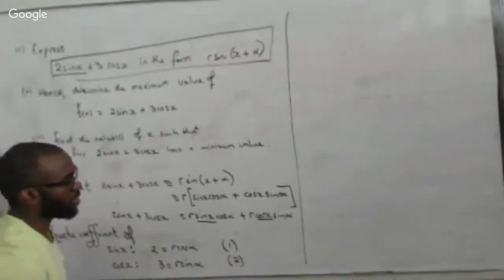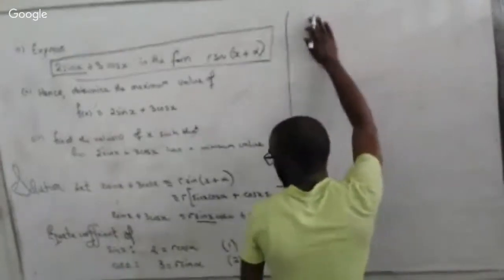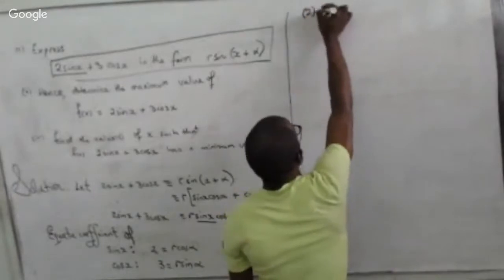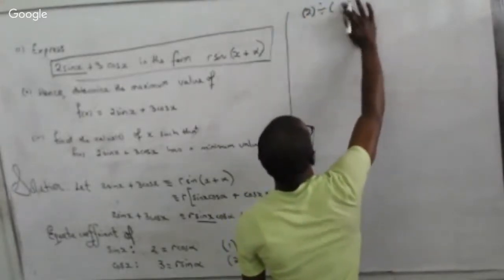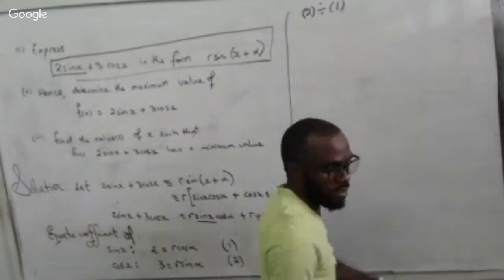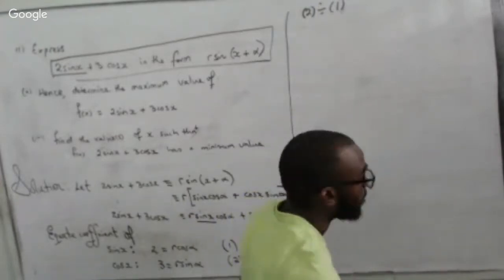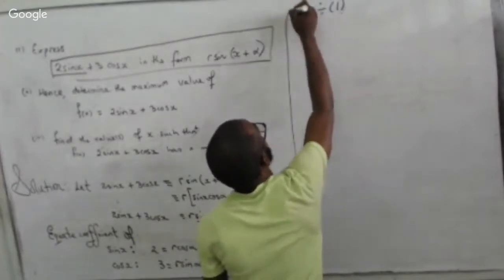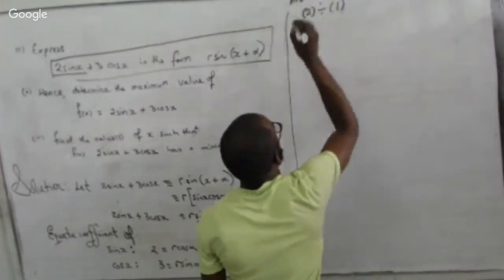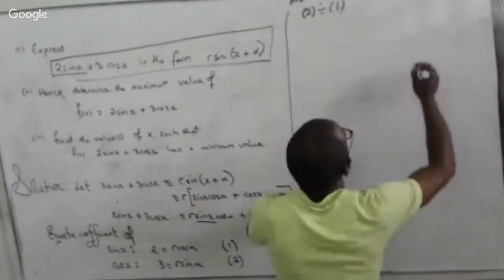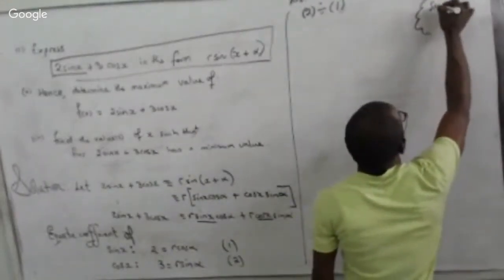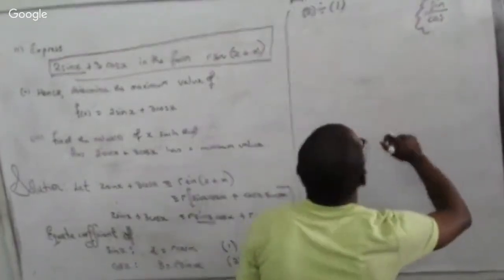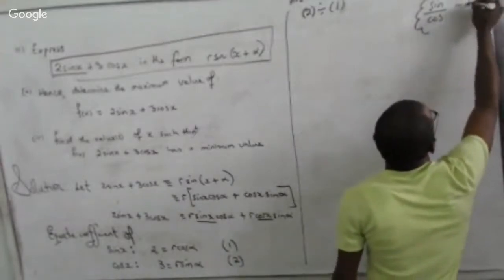Now what do I do with these two equations? Which one has sine in it? 2. So now I'm going to say 2 divided by 1. Remember, anything that has the sine, I will put as the numerator. So in this case, this would be 3. This is what I always do, sine upon cosine. Just in case you want to remember, it's always sine upon cosine that I'm trying to build, so that I can get tangent.